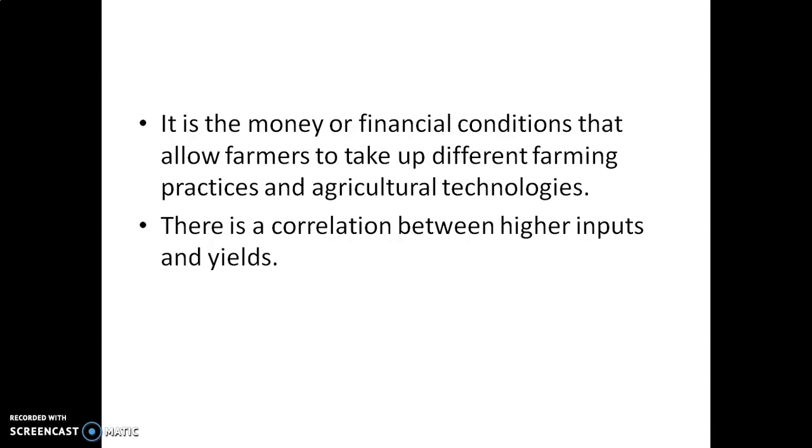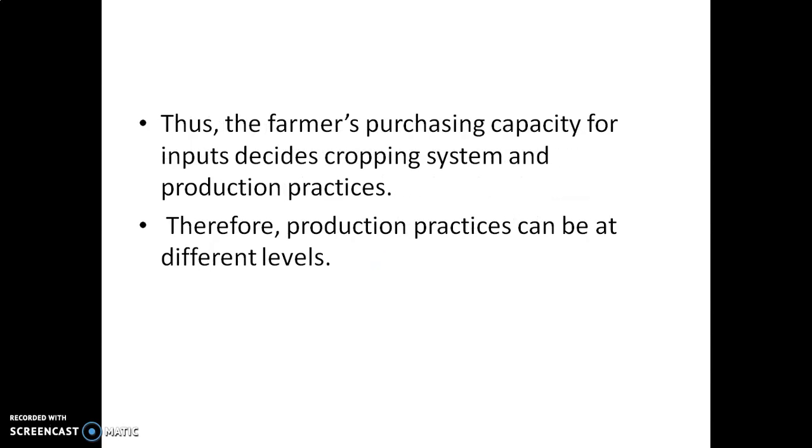Children, we know that it is the money or financial conditions that allow farmers to take up different farming practices and agricultural technologies. There is a correlation between higher inputs and yields. Thus, the farmer's purchasing capacity for inputs decides cropping system and production practices, isn't it?